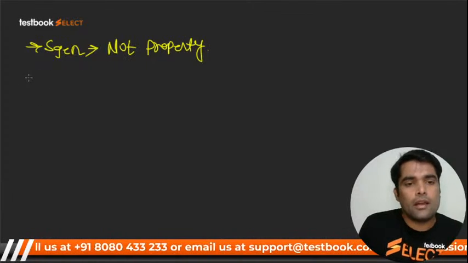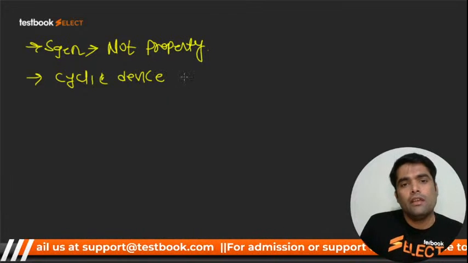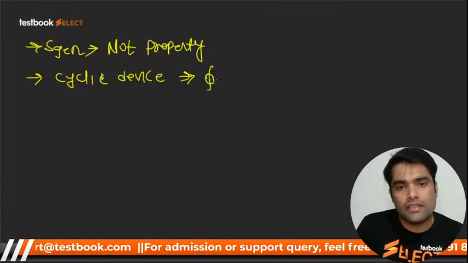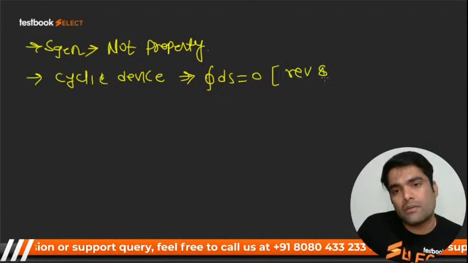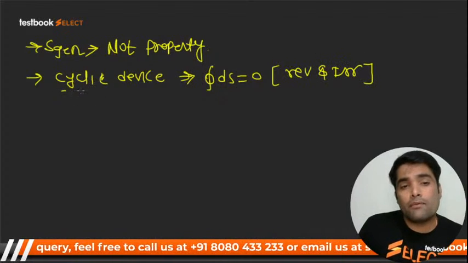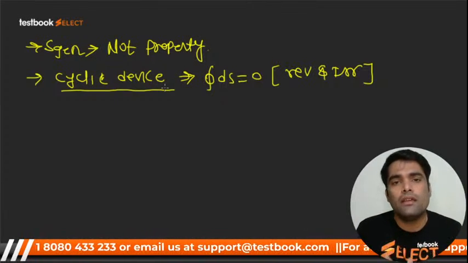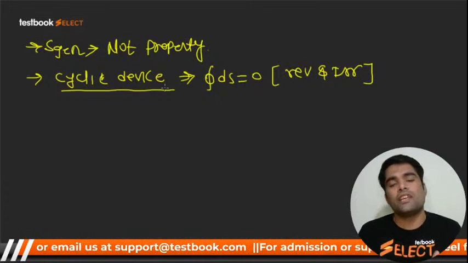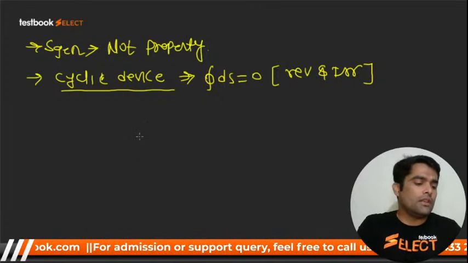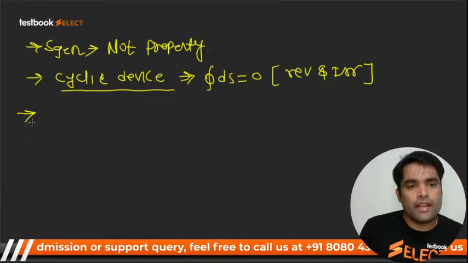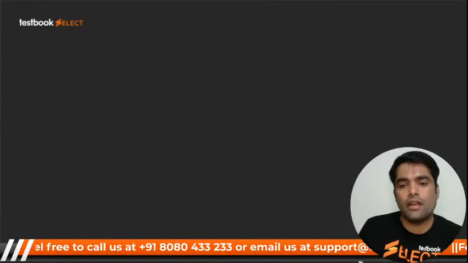And remember, for a cyclic device, in any numerical, you have to say that ds is equal to 0, that is dq by T. It is applicable for both reversible as well as irreversible. Because in a cyclic device the initial and final point will definitely be the same, so the change will be 0. After this, from the next page, we are going to begin entropy analysis.